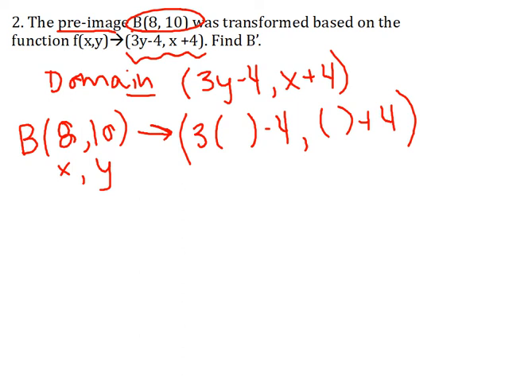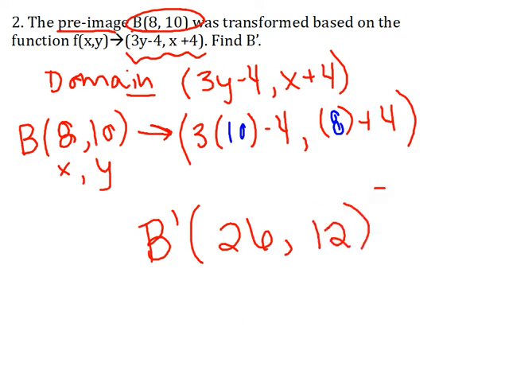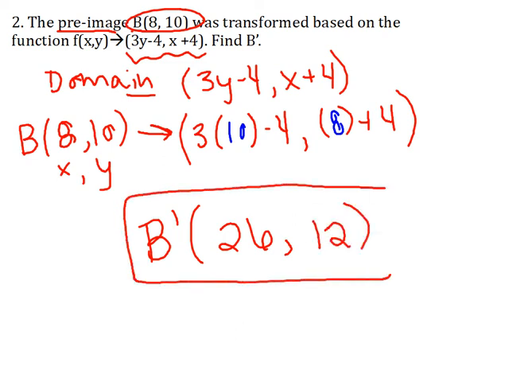So x in this case is going to go in the x spot, which is the 8, and then the 10 in the y. And then we just go through and simplify. So B prime, 3 times 10 is 30. Take away 4 is 26. 8 plus 4 is 12. And this is the B prime value that we were asked to find.